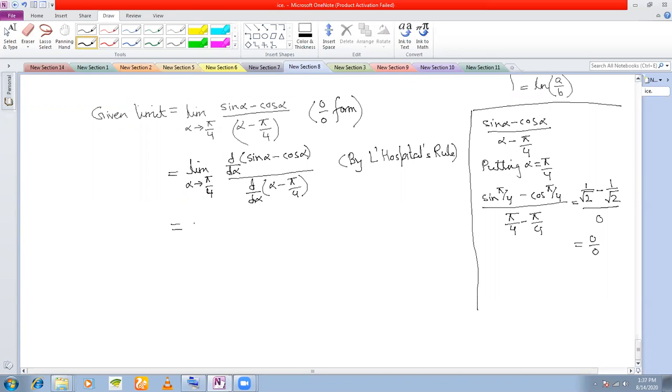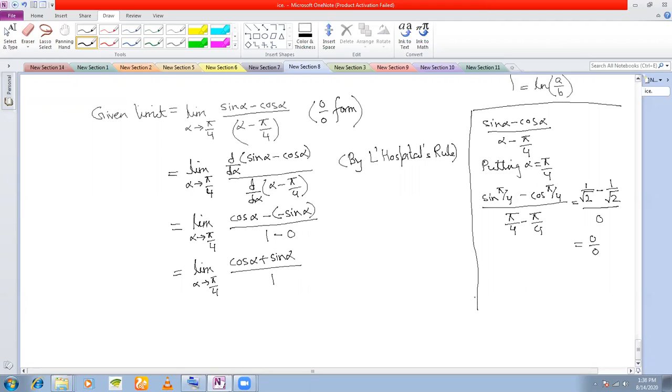Next, differentiate. d/d alpha of sin alpha is cos alpha, and d/d alpha of cos alpha is minus sin alpha. It actually becomes plus, divided by d/d alpha of alpha, which is 1, and d/d alpha of pi by 4 is 0. 1 minus 0. This becomes cos alpha plus sin alpha divided by 1.